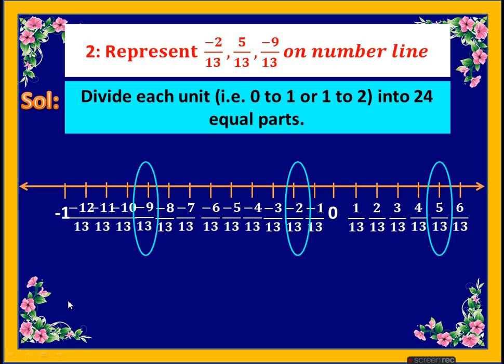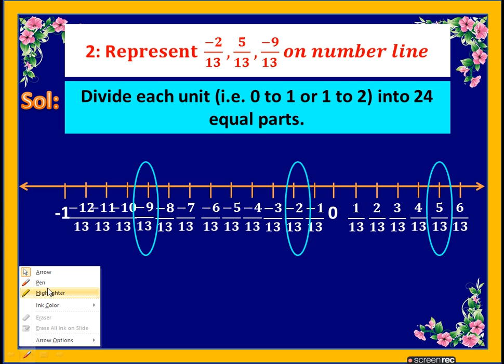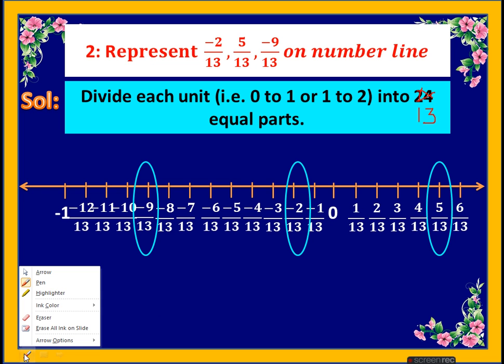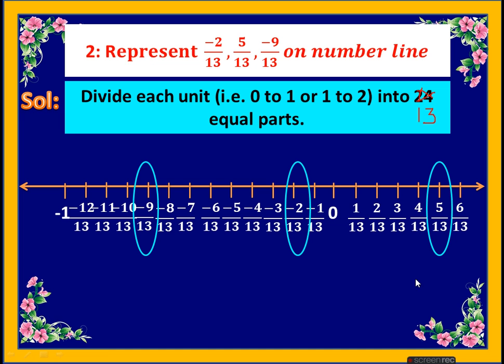So you write here, children, this is not 24. This is 13. Okay. So that is 13.